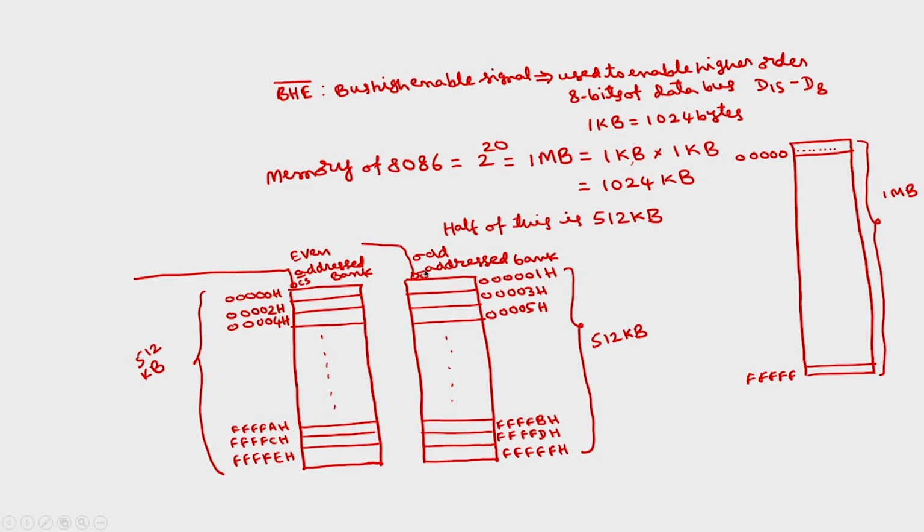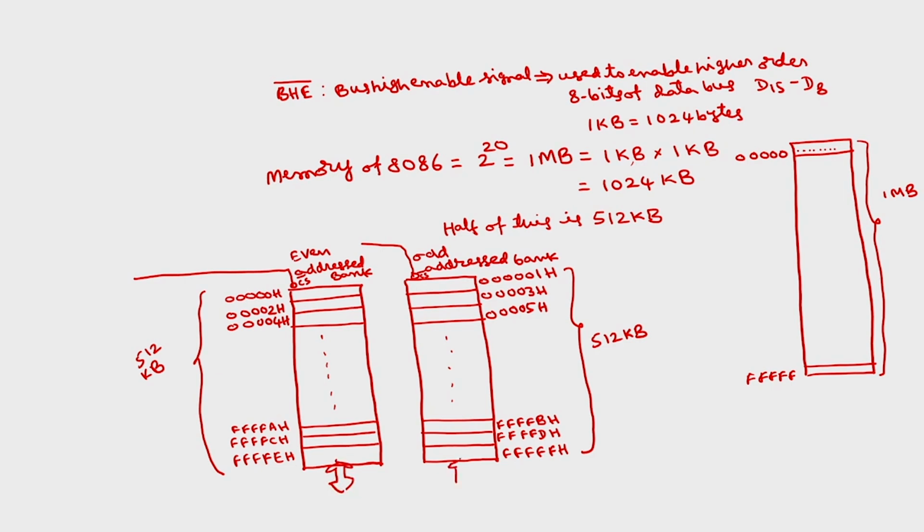So in order to select any location, the first requirement is you have to select the chip. If I apply a logic 0 on this particular chip select signal, that particular chip is selected. After that you select the location. Here this higher order bus will be supplied by this one. This will give a total of 8 bits, this will give a total of 8 bits. Totally we have a 16-bit data bus.